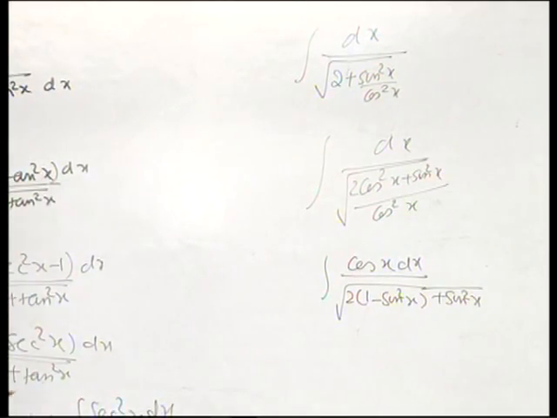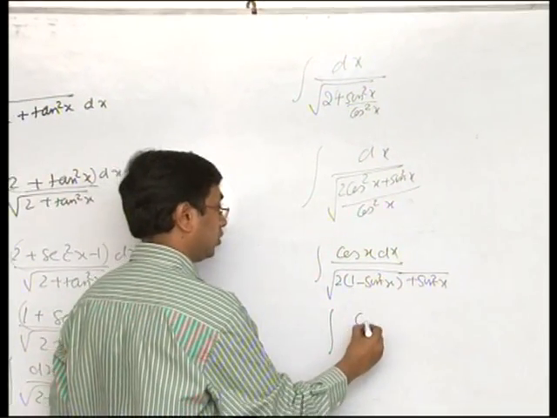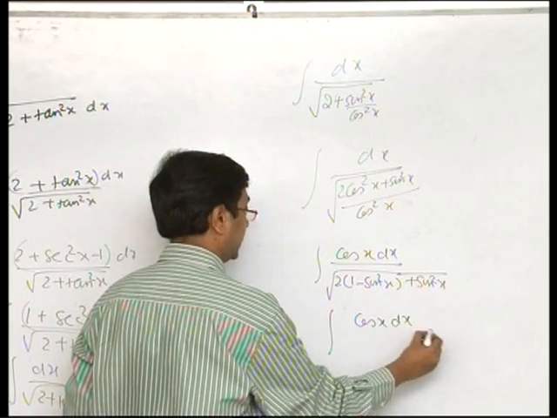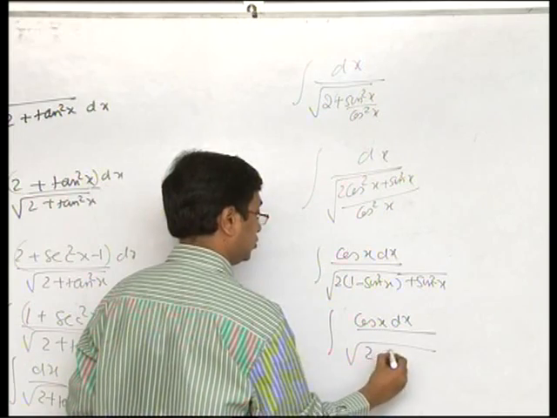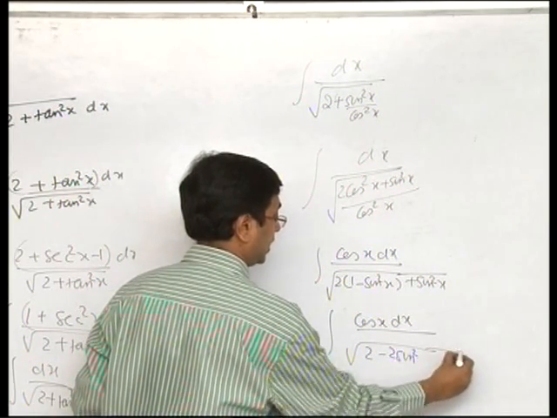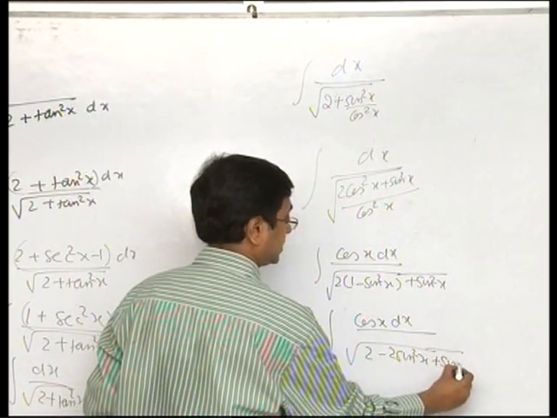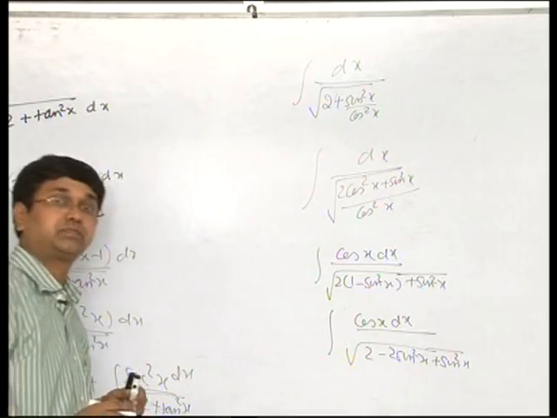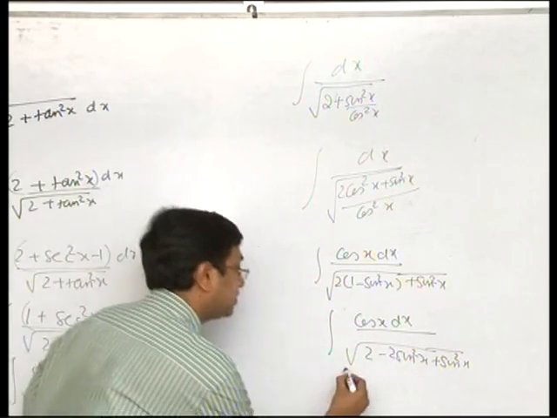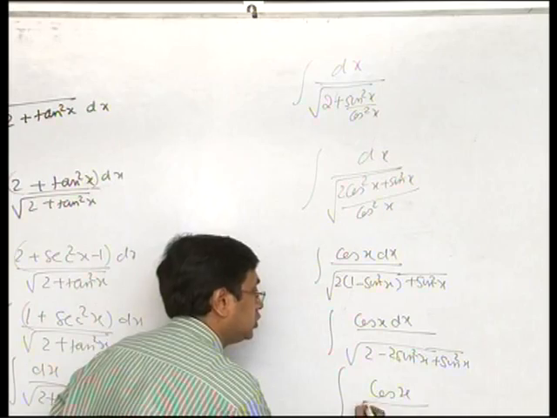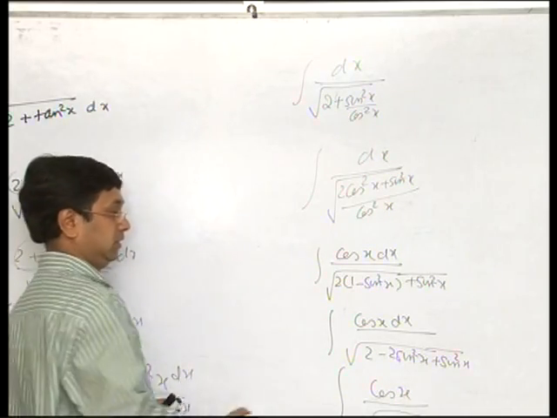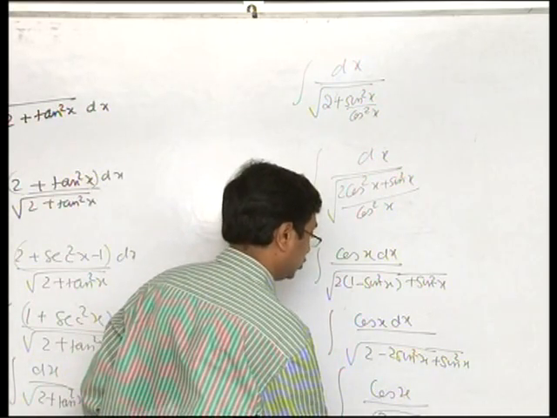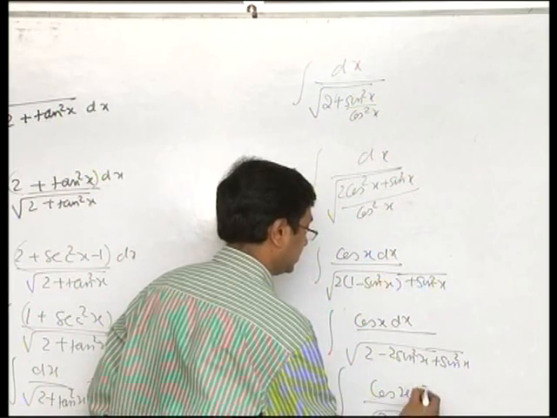So here what are we left with? We are left with cos x dx under the root of 2 minus 2 sine square x plus sine square x, which is basically equivalent to writing 2 minus sine square x.